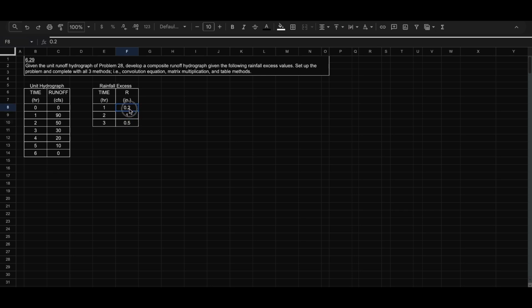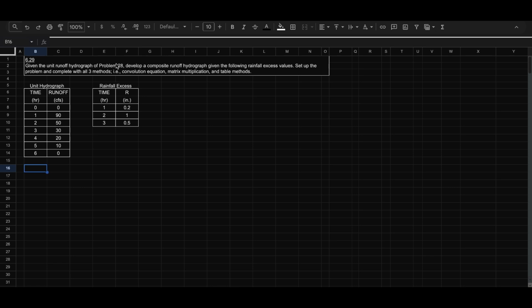Given these three values and the template of that storm, in other words the unit hydrograph, we can develop a composite runoff hydrograph, a hydrograph that represents that storm, even though it had different rainfalls at different hours. The way to do that is with three methods: the convolution equation, matrix multiplication, and table methods.